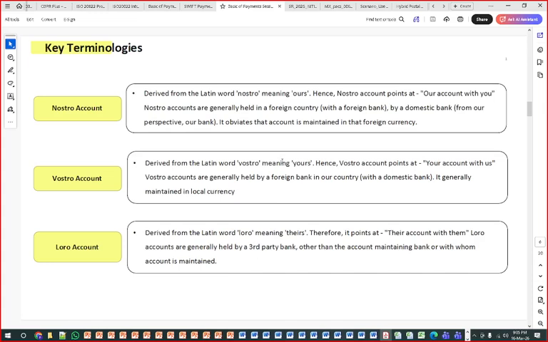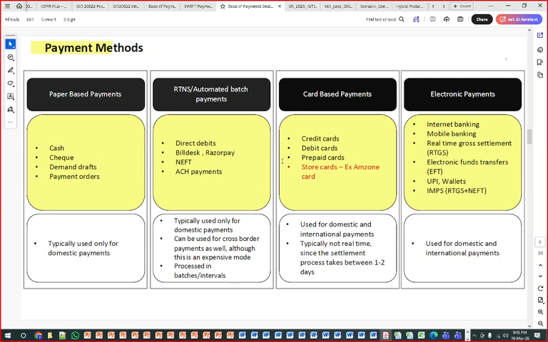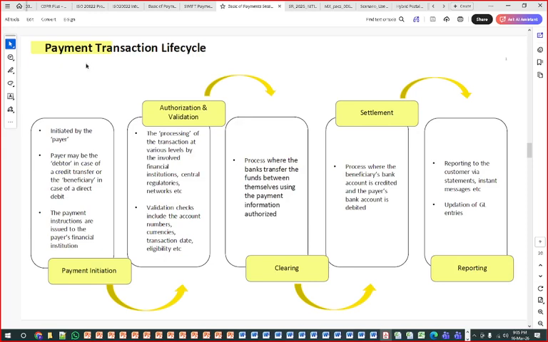We are going to learn the important concepts of nostro and vostro accounting systems along with loro. That's important when you are transferring wired payments, RTGS payments. The different payment transaction life cycle end to end: payment initiated, validation, clearing, settlement, reporting. This important part of the payment journey we are going to learn line by line.